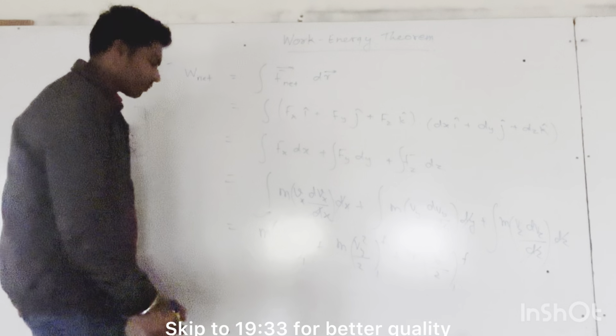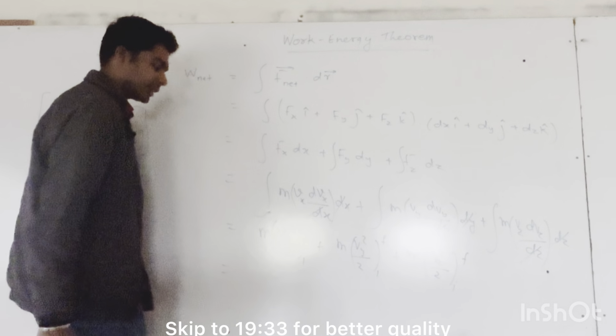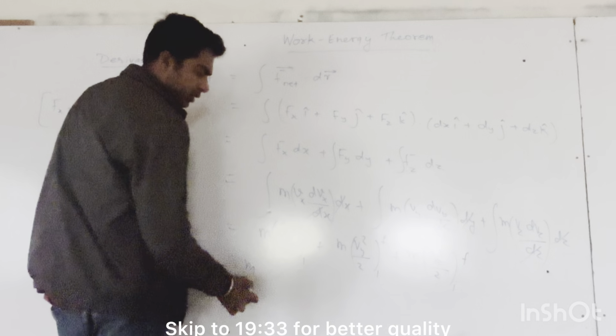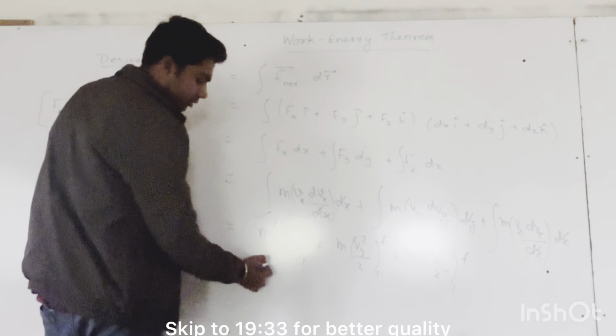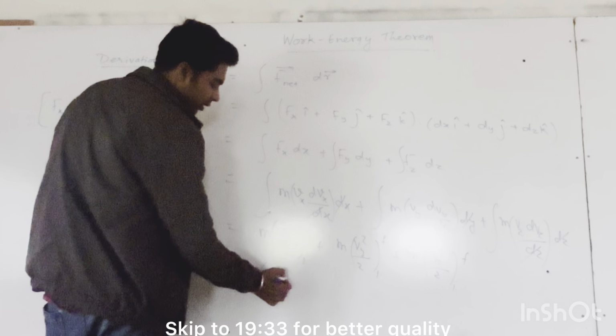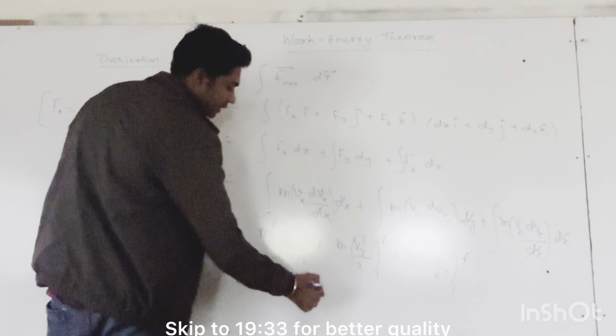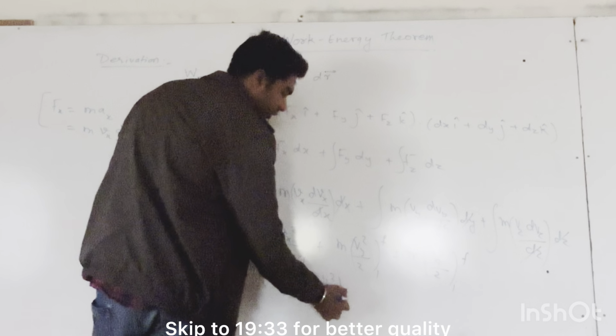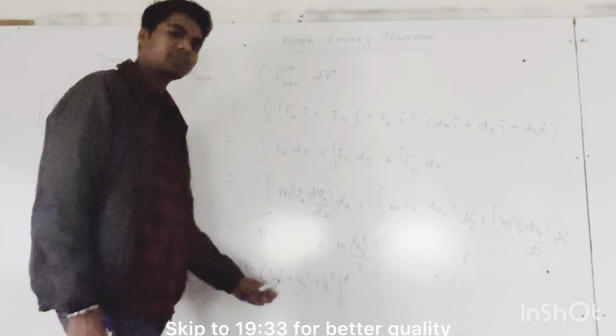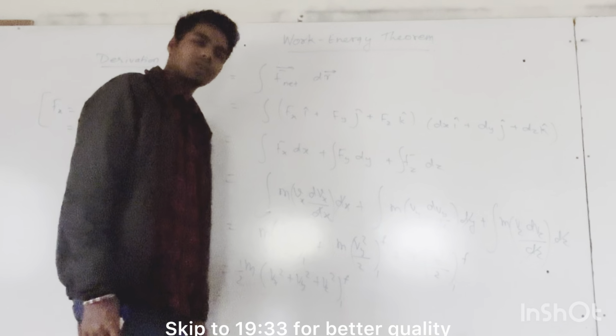We can further write it as m common, 1 by 2 also common. We can write vx square plus vy square plus vz square from initial to final. What is this? This is the magnitude of velocity.